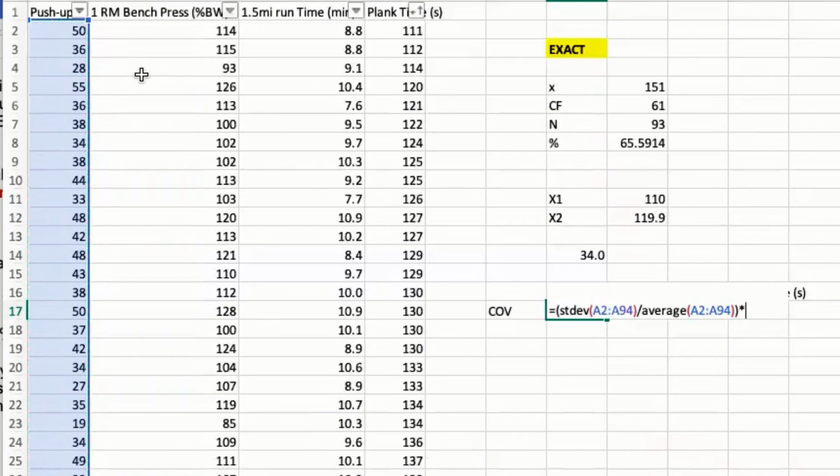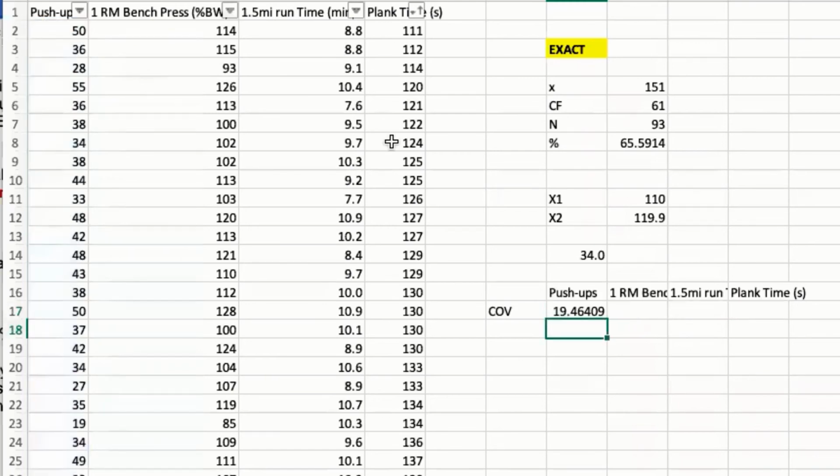Then I can multiply that quotient by 100 to get my percentage. If you don't like putting a bunch of functions in the same cell, you could calculate the standard deviation and the mean separately, and then divide the standard deviation cell reference by the average cell reference and multiply by 100. That would also work. Again, I don't care how you get to your answer as long as you get to the answer.